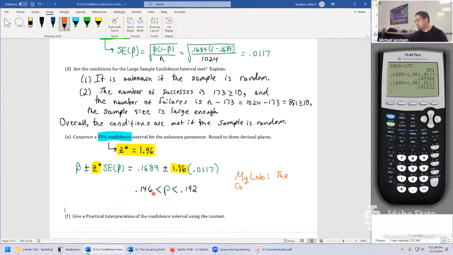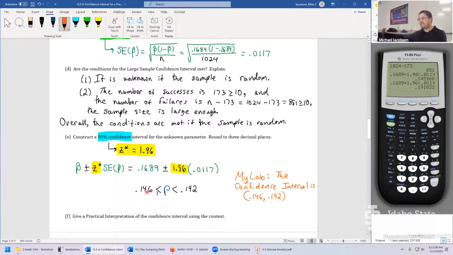The confidence interval is written more abstractly as an actual interval. It goes 0.146, comma, 0.192. So this is using interval notation from mathematics.